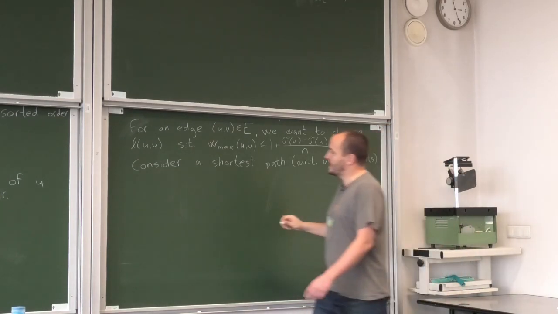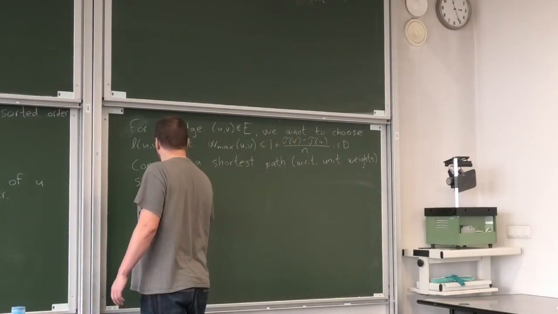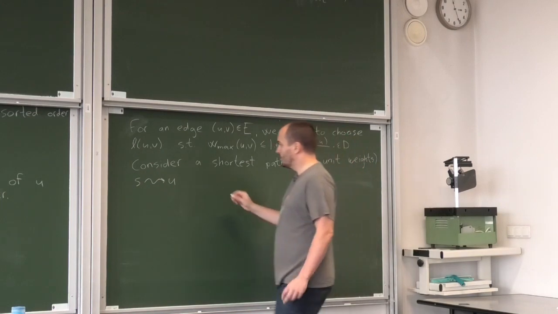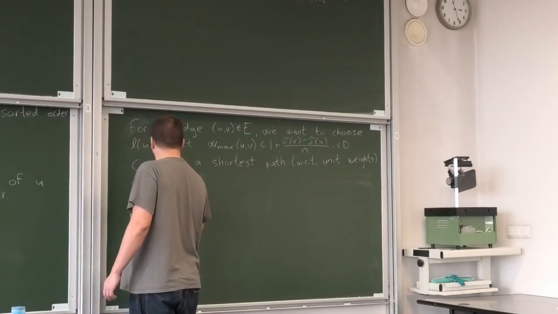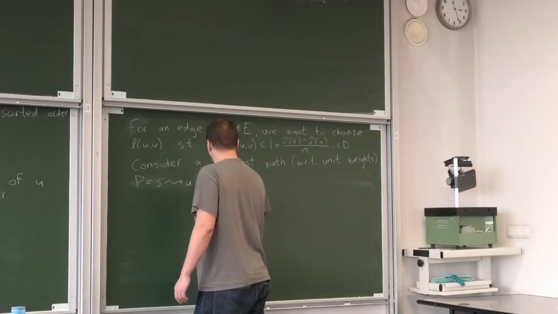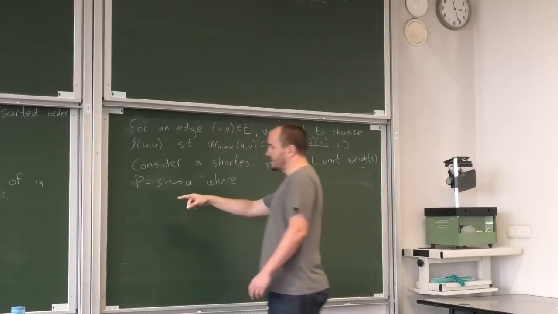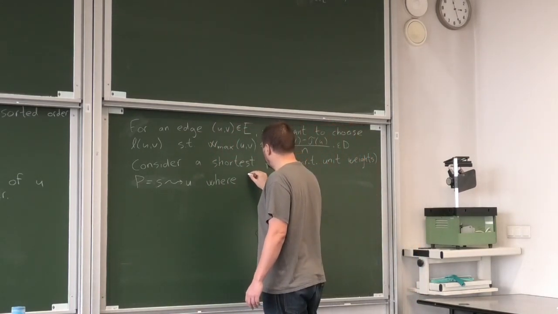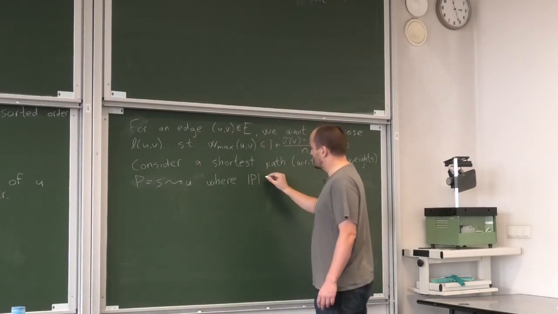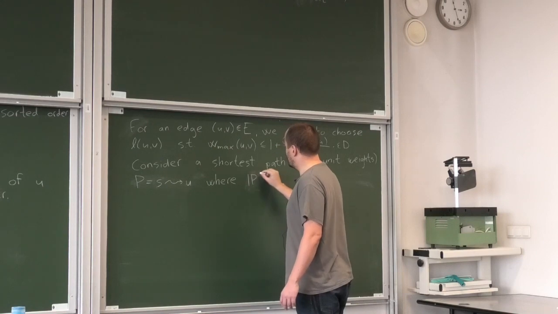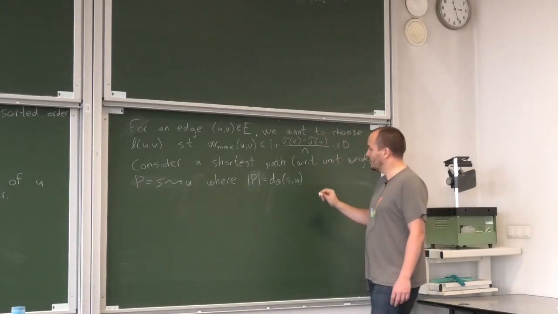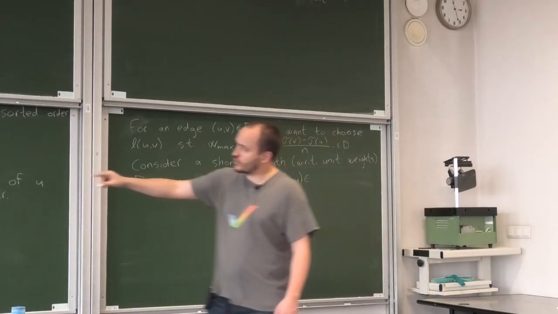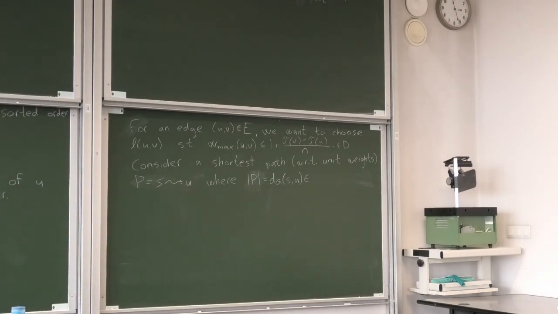So consider an actual shortest path from S to some vertex U, let's call it P, where the length of this path, which is the same as the distance from S to U, is in this range we're interested in, right? We were only caring about these distances in this range.